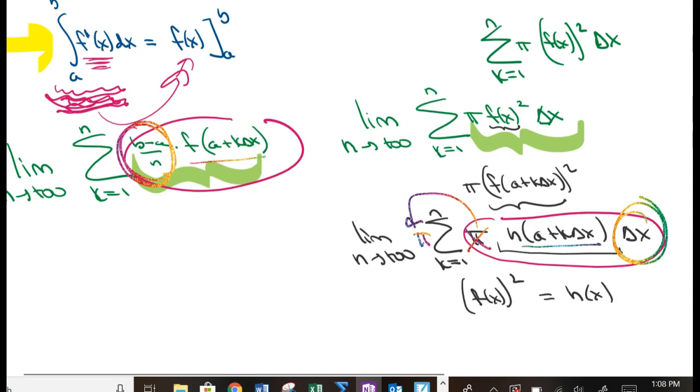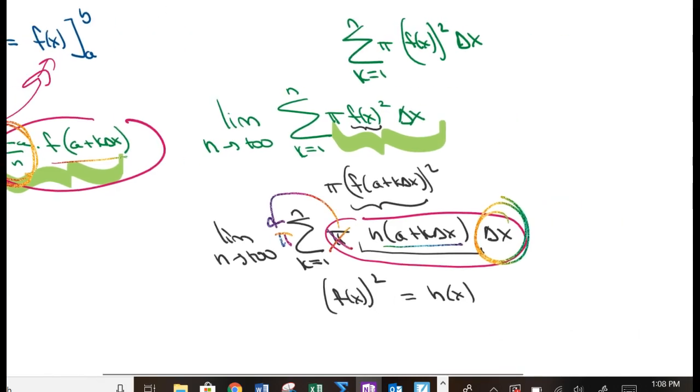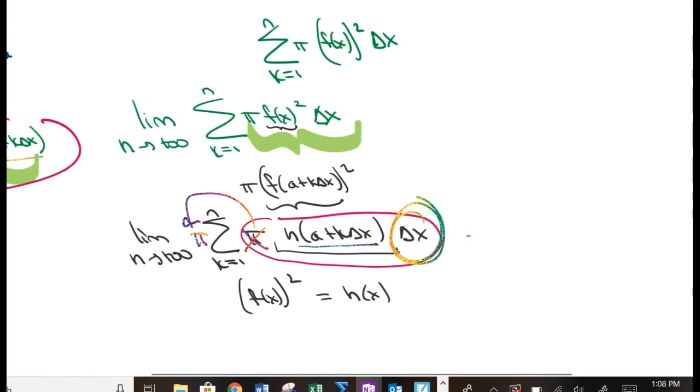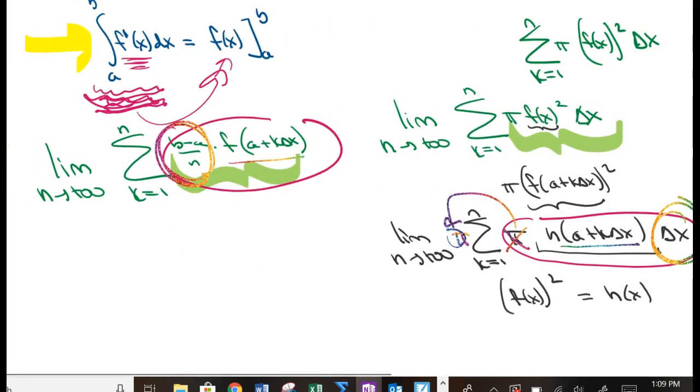So at the end of the day, we know that this is going to equal pi times the definite integral from a to b of h of x dx. That was like the big day, right? By definition, the limit of a Riemann sum equals the definite integral from a to b of f of x dx.